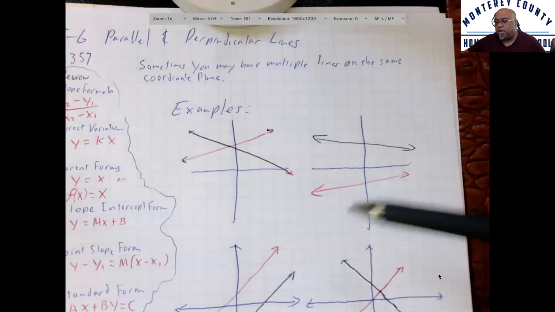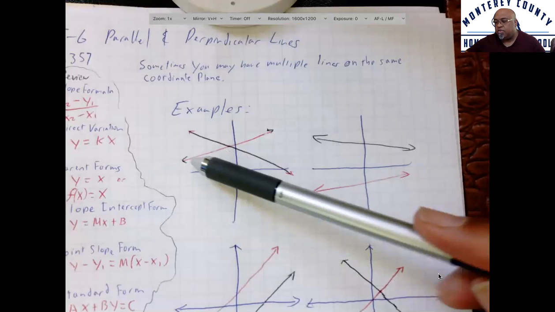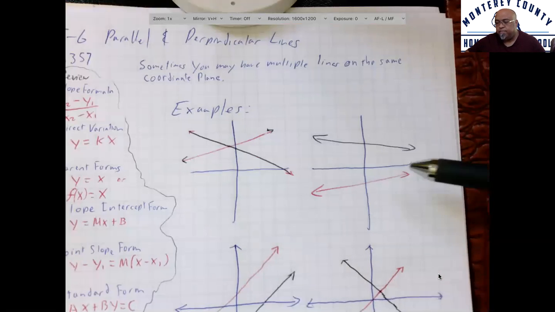So here's a coordinate plane where I have a red line and a black line. And as you can see, these 2 lines cross. Here's another coordinate plane, same color lines, but these ones are not crossing. But I want to ask you the question, are they going to cross? Evelyn, that's right.